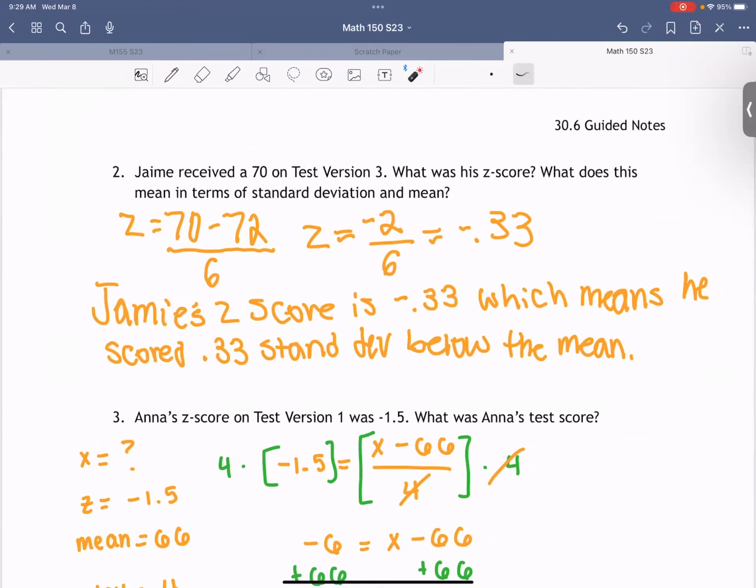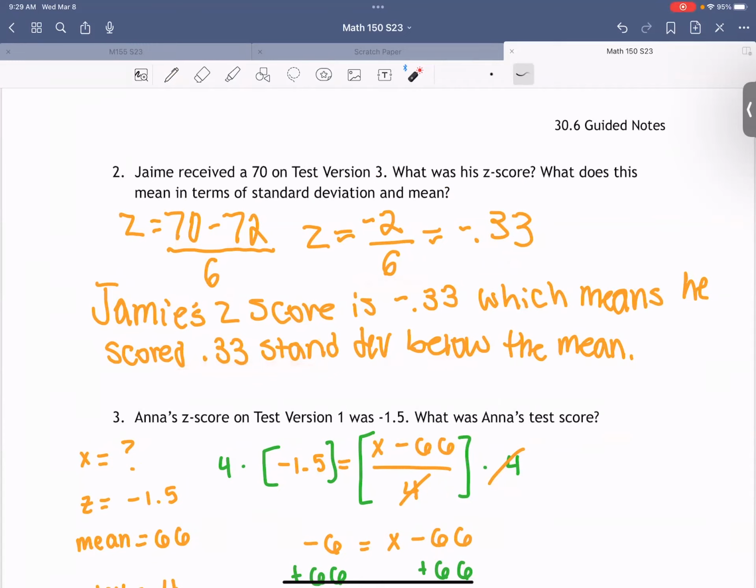I subtracted 72 from 70 because you got 70 and the mean was 72. And then divided by the standard deviation, you got negative 0.33, which means that you scored 0.33 standard deviations below the mean. Awesome.